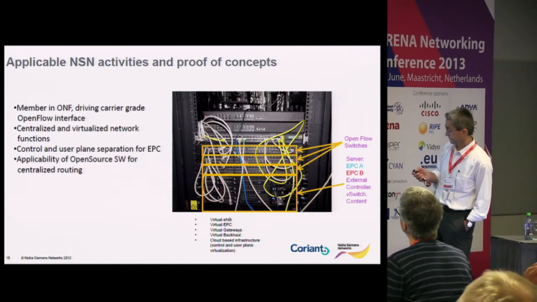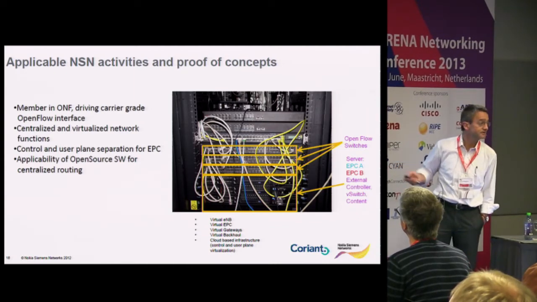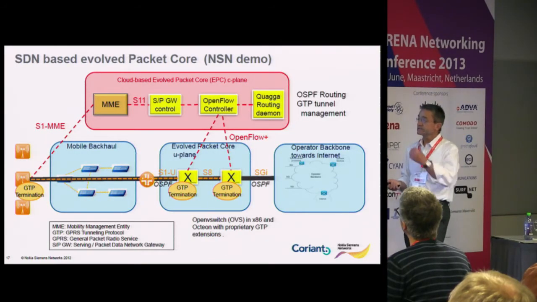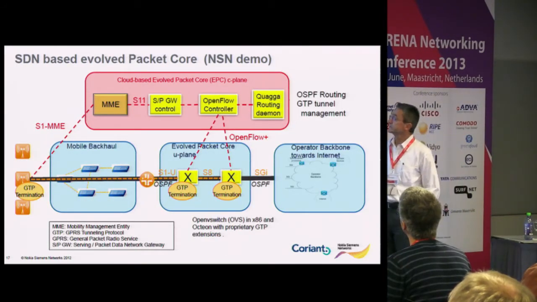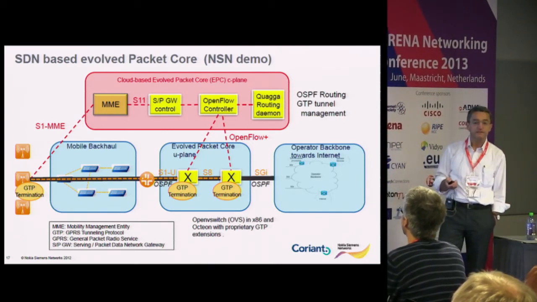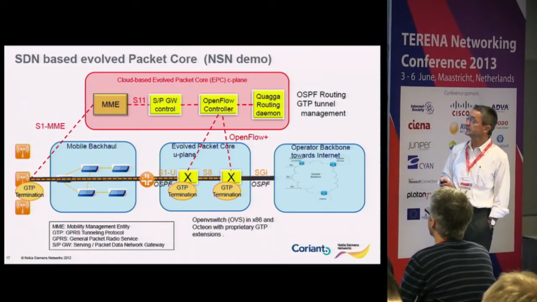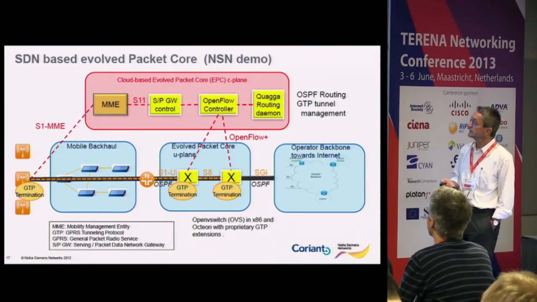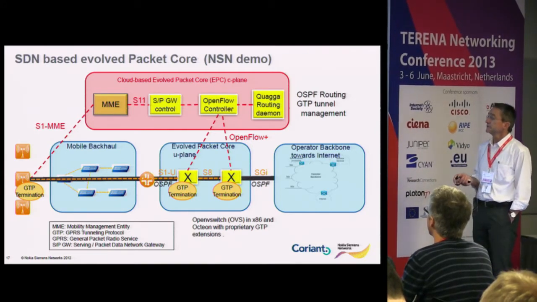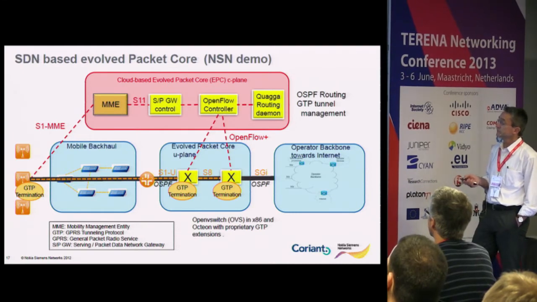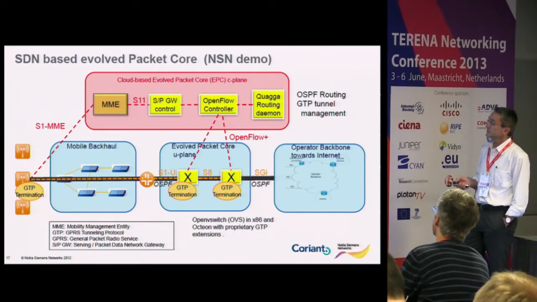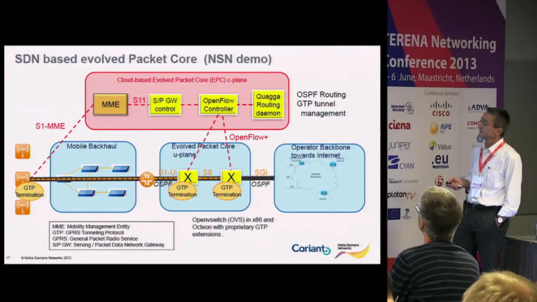Not in a position to explain this picture. If you look at this Quagga routing daemon, you can see here a demo which has mainly been done by NSN for an end-to-end network, and here you can see the evolved packet core user plane. You look only at this one, which communicates here with the routers via OSPF.